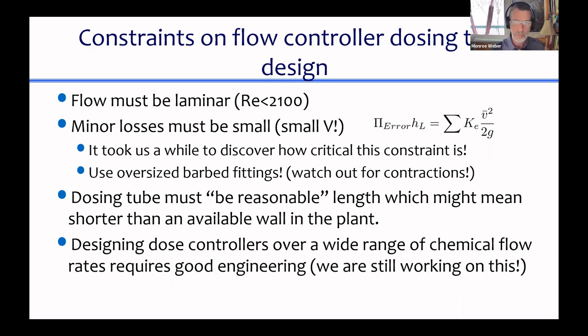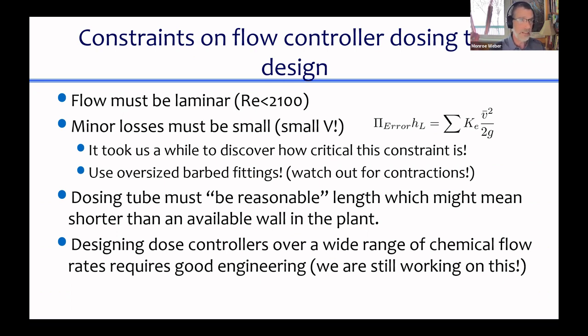The third big bullet point: the dosing tube has to be a reasonable length. It's very easy to design a system where the dosing tube has to be like 7 meters long. And if the dosing tube is 7 meters, I don't know, 22 feet long, that would mean that you would have to find a place in your water treatment plant where there's a 22-foot long stretch where you can put this straight tube.